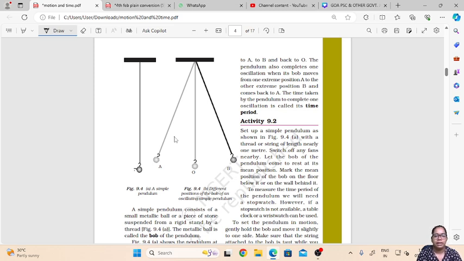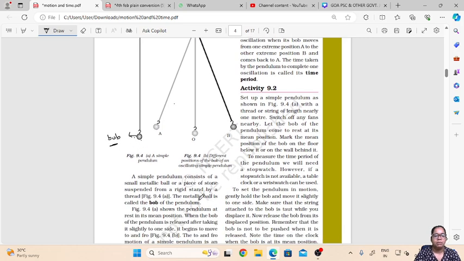So this metallic ball is called the bob of the pendulum, which is attached to the stand at the base by a suspended thread, which attaches the base to the bob. So this is a simple pendulum.